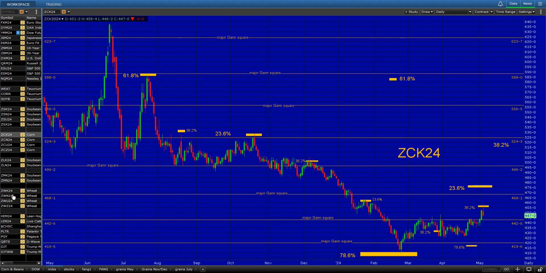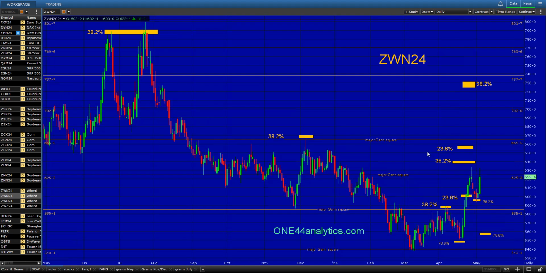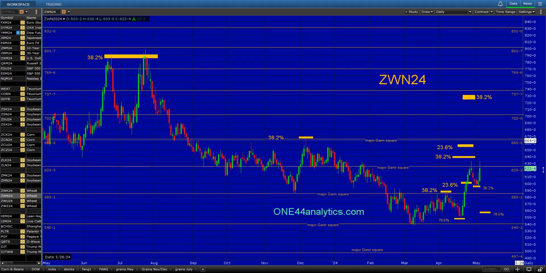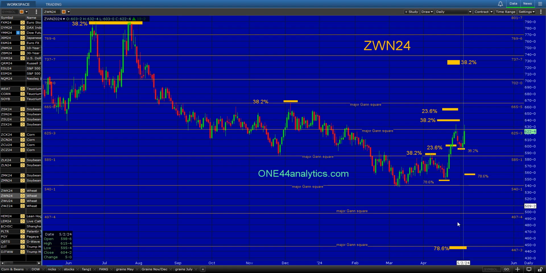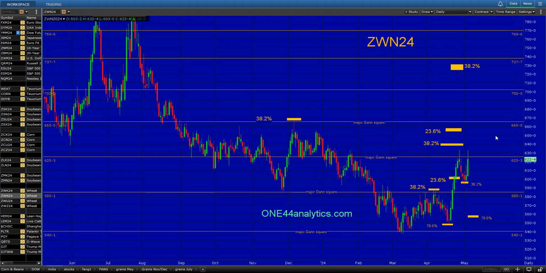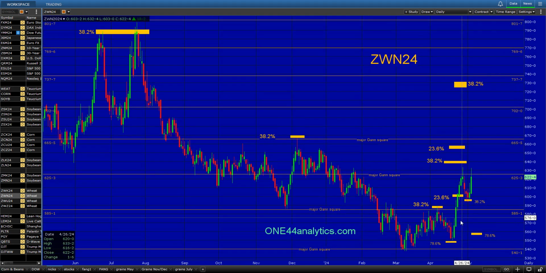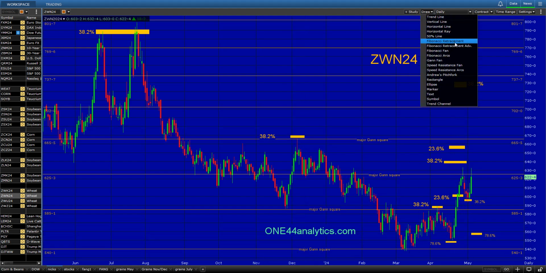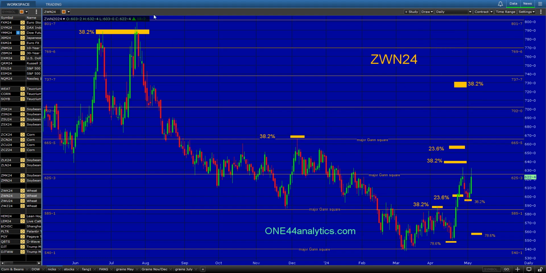Now when we look at the wheat, we had no reason other than the major Gann square down here, and in fact we thought the next retracement was even further down, but it held a Gann square. What gave us the thing to watch for and what made us think the market's turning is, one, when you went from 38% of this move, from this high here to here, it was 38%.